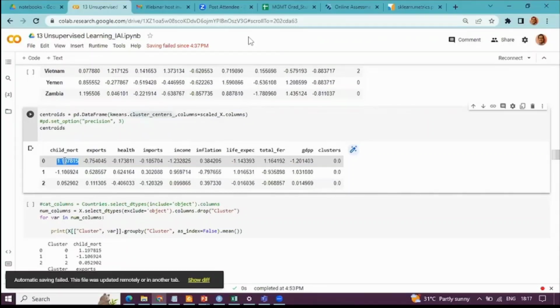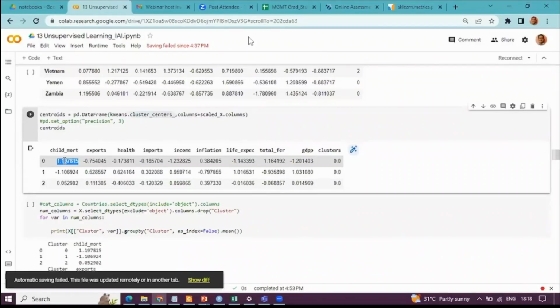Now, if you look at inflation, it is not much deciding. So your zero and the second cluster have similar levels of inflation. Whereas at least the countries which are in cluster one, they are low inflation associated countries.